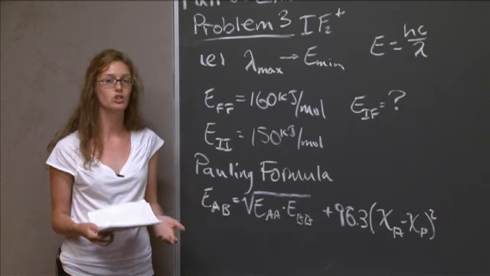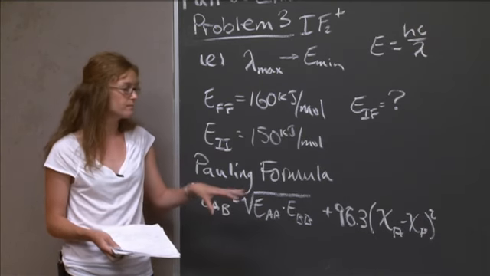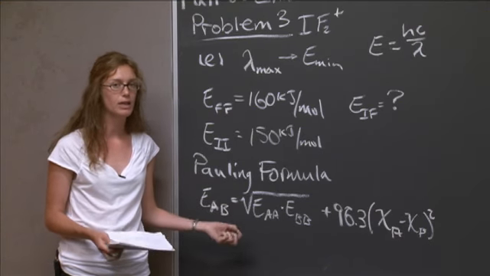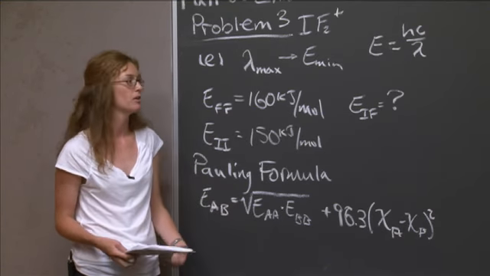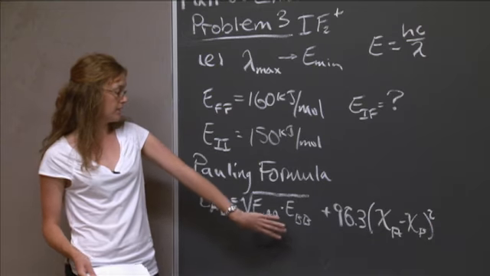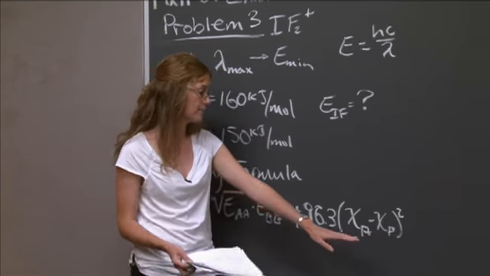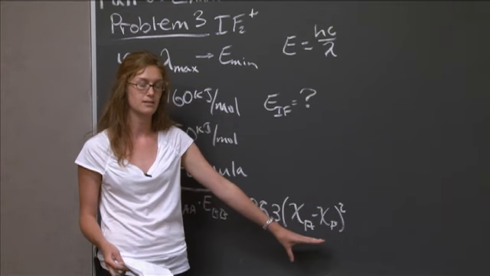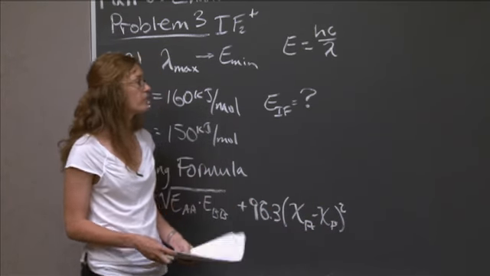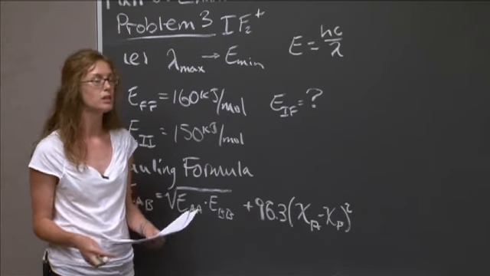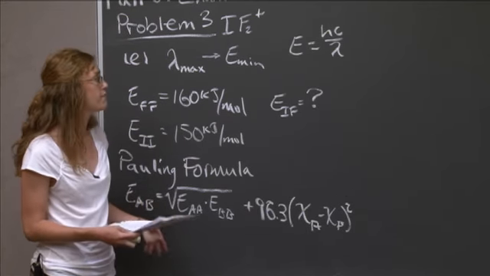So it's really important to know not only what equations you have, but especially what each of the terms in the equations mean. So we're given the homogeneous bond energies, and we have a periodic table or some other resource that has the electronegativities. Next step is to plug in the numbers and find the energy of the IF bond.